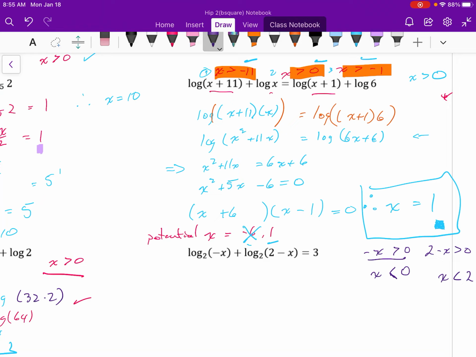All right. Let's do this. I'm going to try to combine the logs together. And what I notice on the left-hand side here is that it is the sum of two logs of the same base.